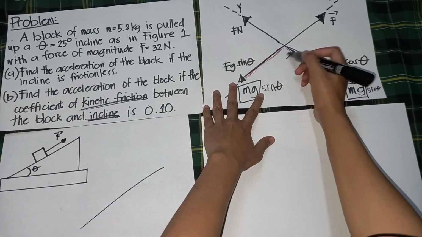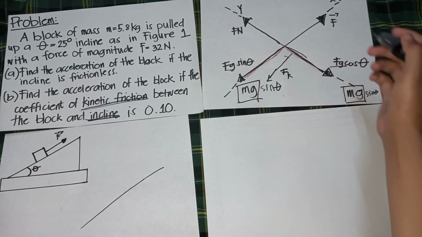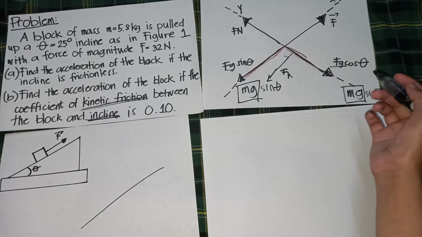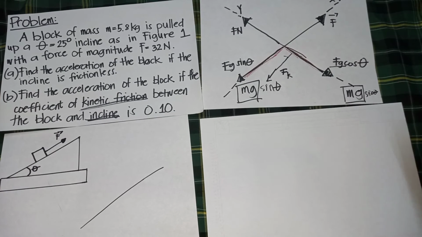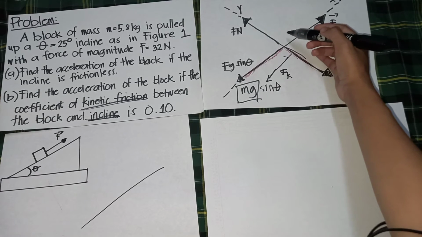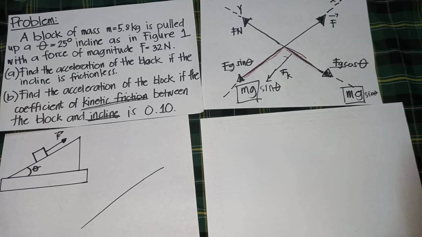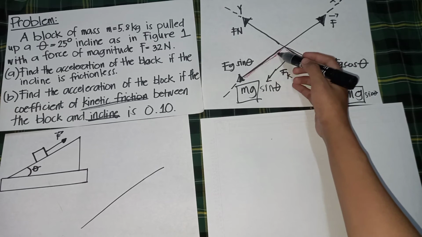Once again, there is no acceleration in the y direction, so we can focus our attention exclusively on the x direction when we use Newton's second law. We once again have the positively directed applied force. It's positive because it's pointing up the ramp. And then these two forces, because they're pointing down the ramp, we can assign a negative sign to them.